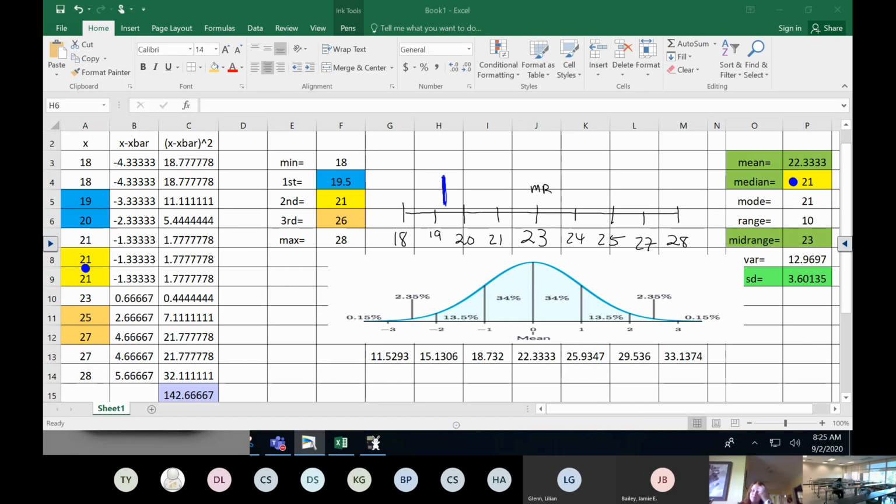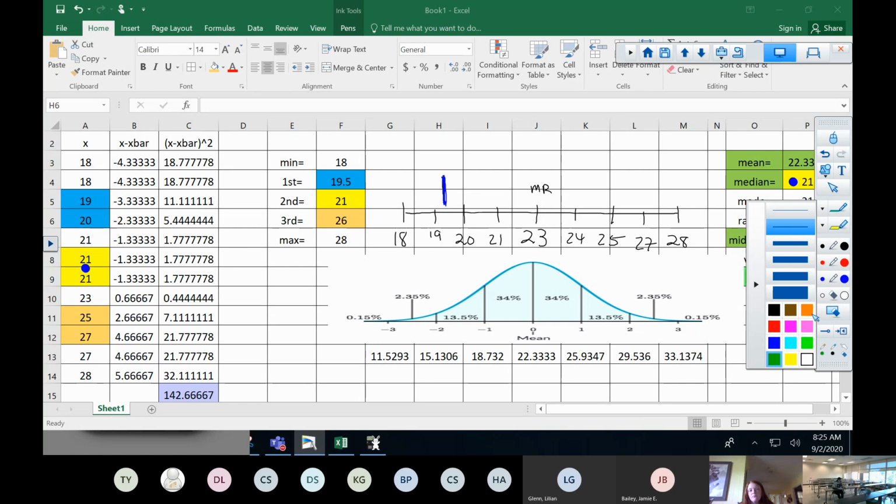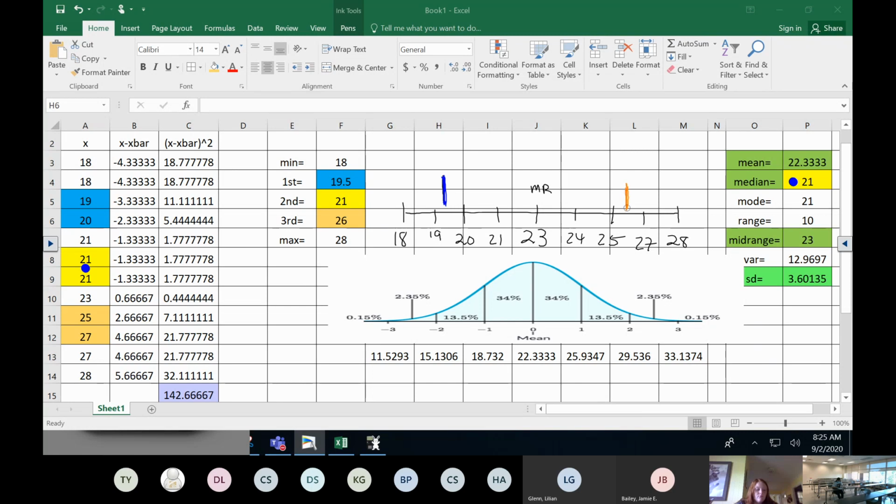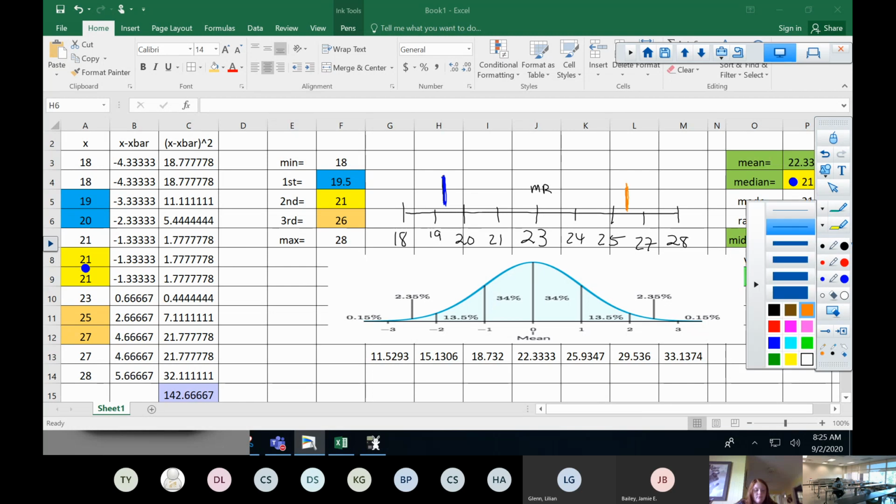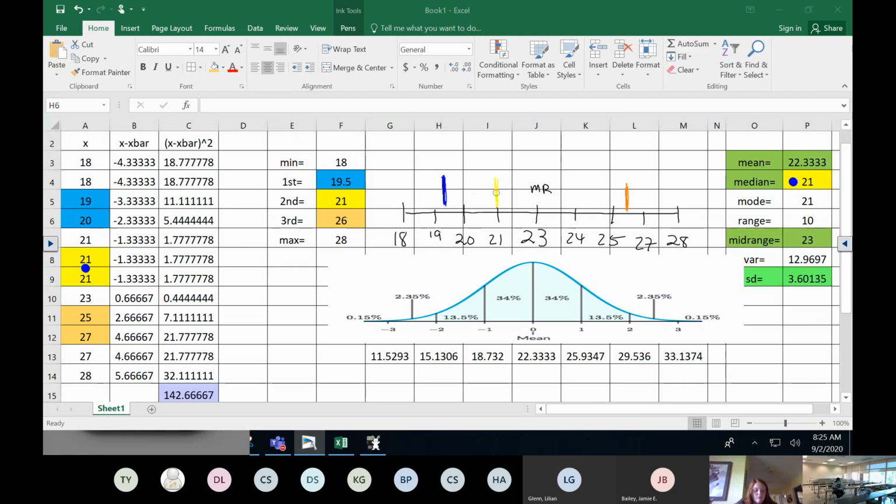And then that burnt orange, which I don't know if I have an orange, but I'll try to find an orange. Yeah, I do. Orange is 26. And then yellow is 21. And that's how you do your box plot.